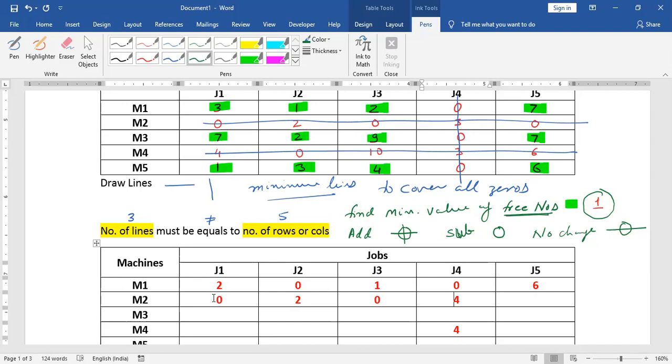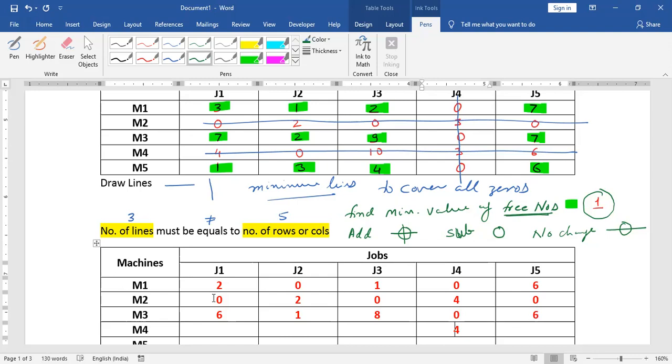So 1 plus 3 is 4, and the line is passing, that is 0. The next is a free number. So it becomes 7 minus 1 is 6, 2 minus 1 is 1, 9 minus 1 is 8, and 0, because the line is passing as it is. 7 minus 1 is 6.